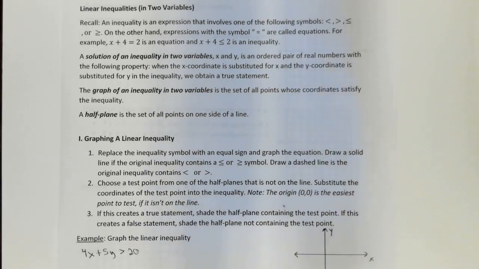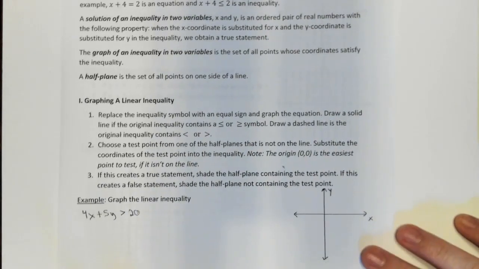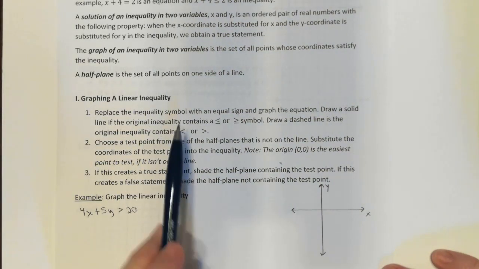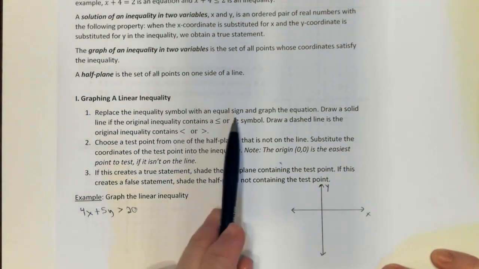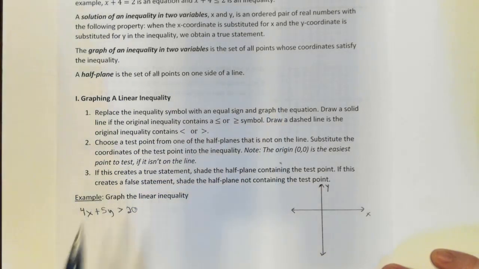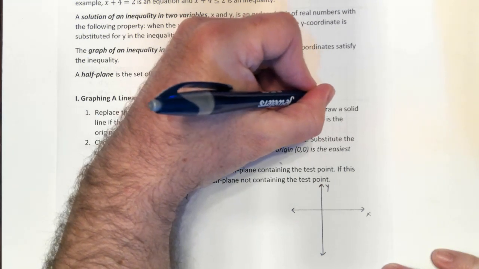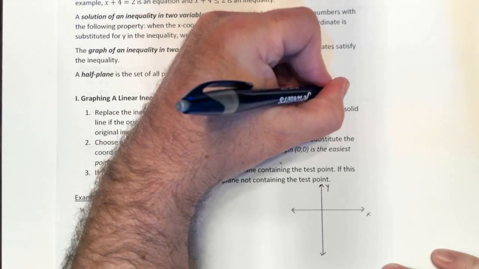So here are the steps to graph an inequality. First thing you're going to do is replace the inequality symbol with an equal sign and graph the equation using intercepts.